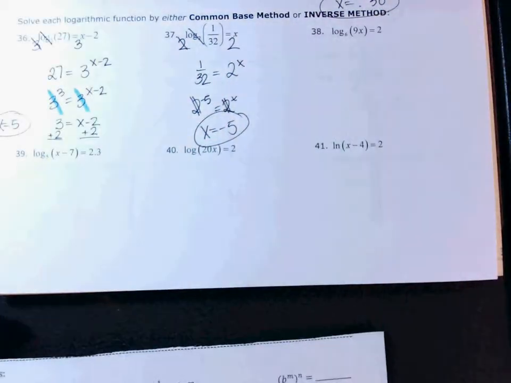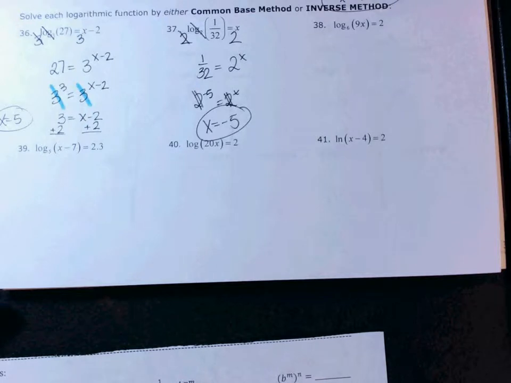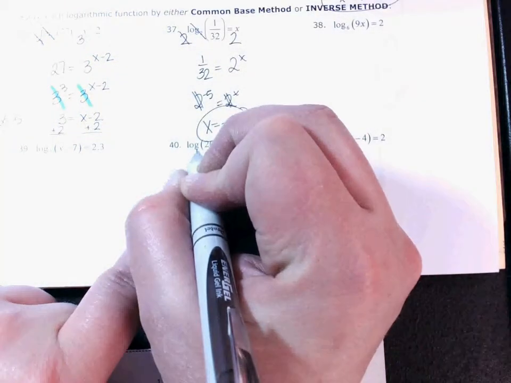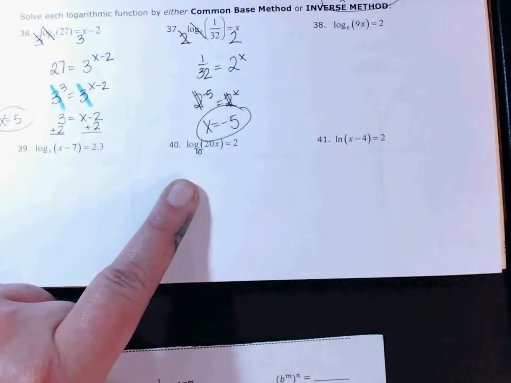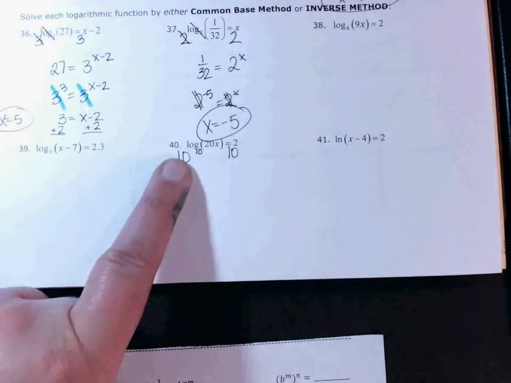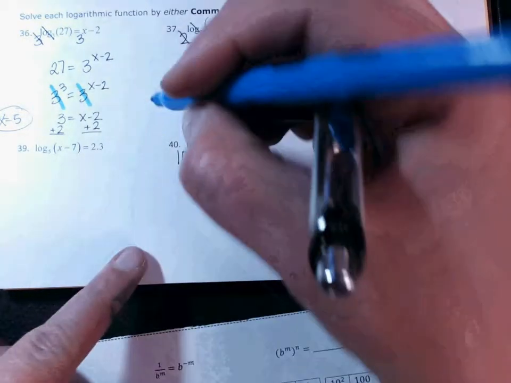Now, if it's not in your chart, let's talk about that. Look at number 40. You have a question? Okay. How do I get rid of the base on number 40? It's a 10. And so to get rid of a log 10, I have to do what on both sides? 10 them and 10 them. Now remember that when you apply the 10, you're applying it as the base. So on this side, my 10 and my log 10 cross out.